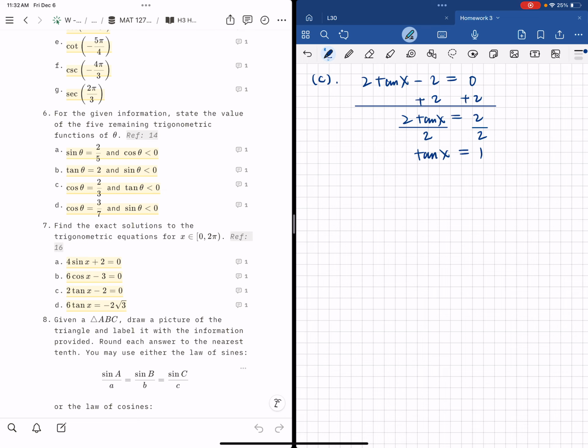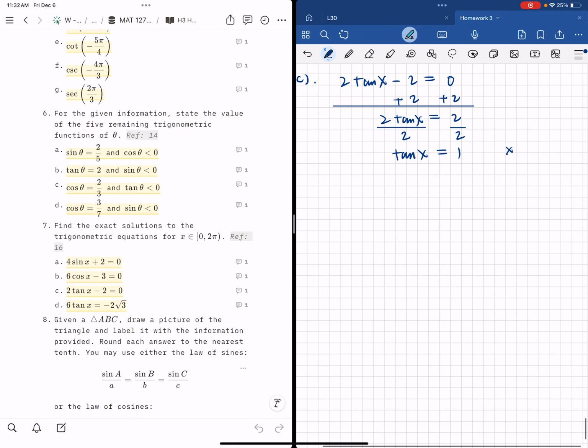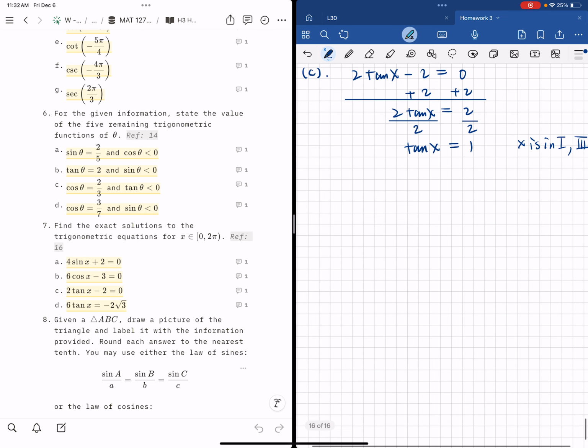We did something very similar. Your x, if you analyze, it will be in the first or the third quadrant. And then if you do a visual of the graph, you're going to have a unit circle. And because tangent is 1, meaning that the x coordinate and the y coordinate must be the same number, it's the diagonal of the first and the third quadrant.